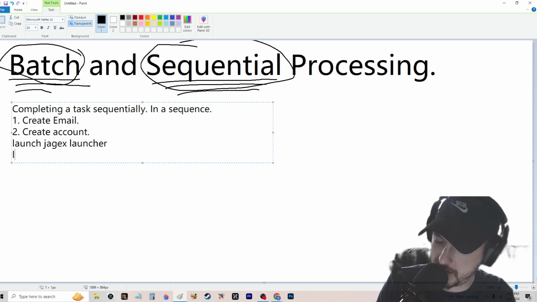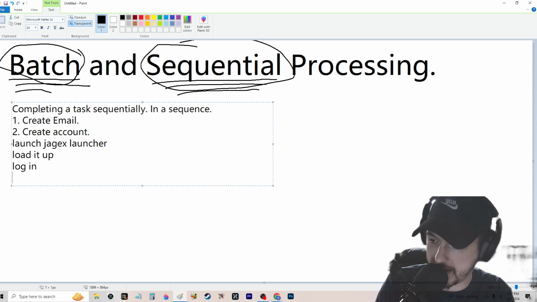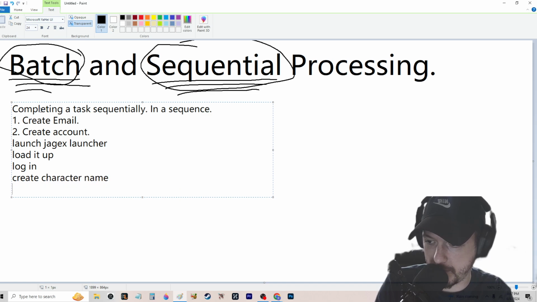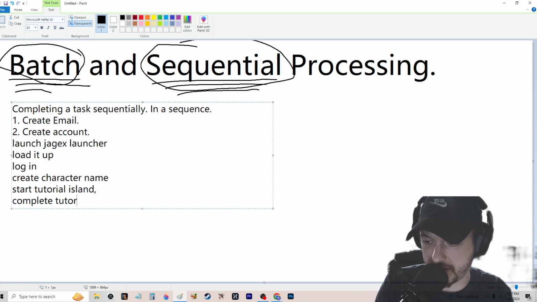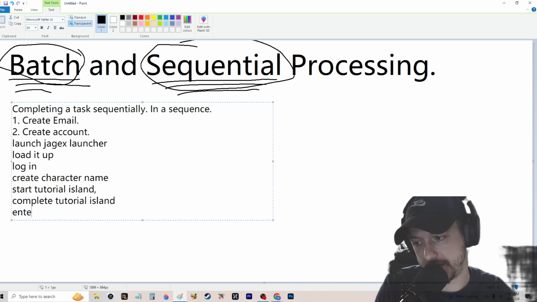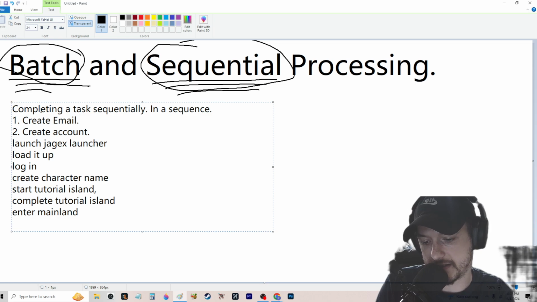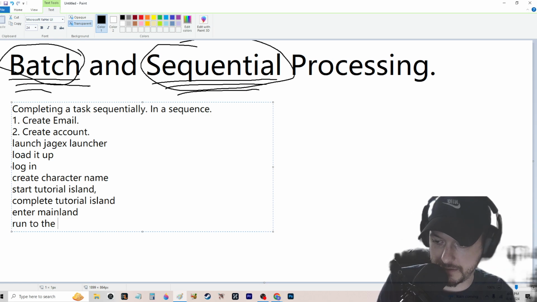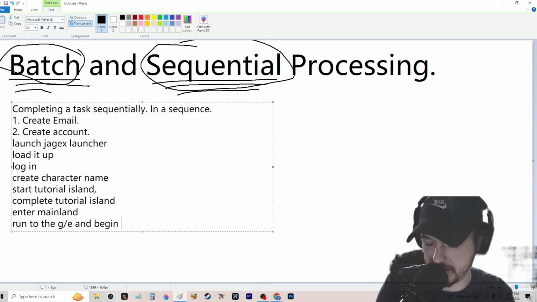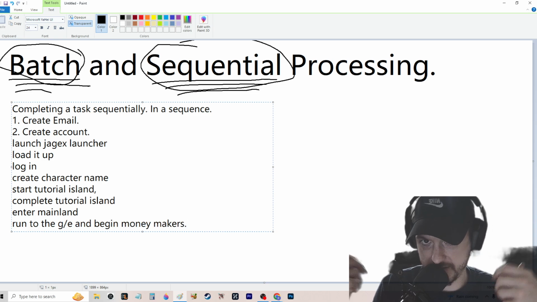Then you load it up, log in, create character name, then you start Tutorial Island, complete Tutorial Island, enter the mainland, and since we're a trader, run to the G.E. and begin money makers, something like that.